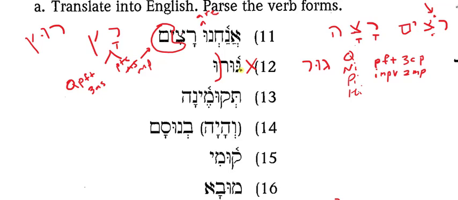Well, I mean, there are stem prefixes associated with perfect in some of the stems, right? 3. There are 3 stems that do not have any prefix attached before root 1. Which ones are they? Qal, piel, pual. Okay, qal, piel, pual do not have a prefix in their perfect. All right. So if this is a perfect, it could only be qal, piel, or pual.